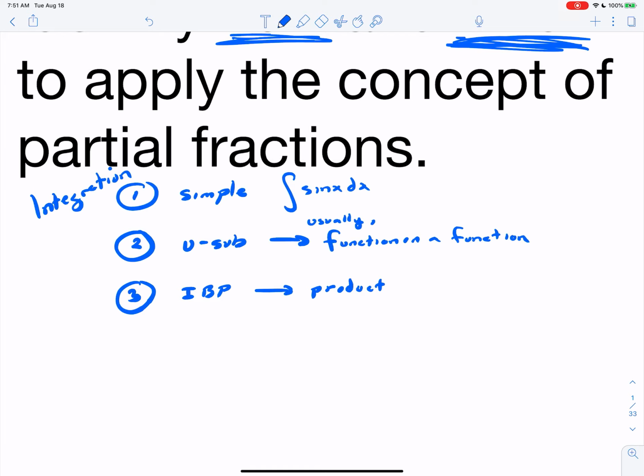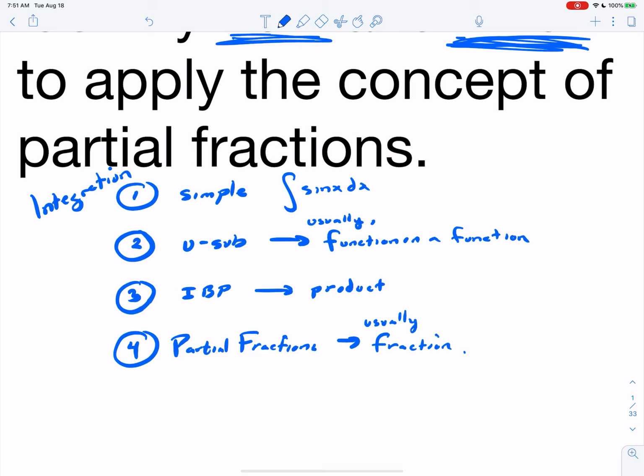Now, what if you don't have any of those? So this is your last resort here. This is called partial fractions. Now, in general, and I say usually again, not always, usually when you have a fraction. Usually, not always, so don't take that too literally.